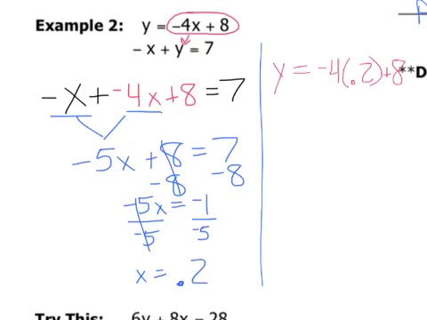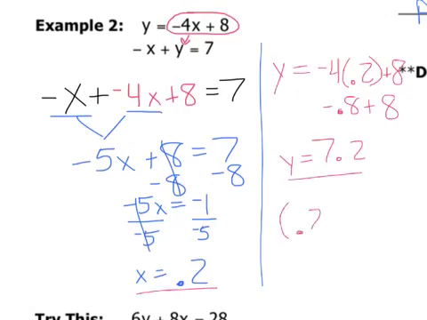Negative 4 times 0.2 should give you negative 0.8, plus 8, my bad, would end up giving me 7.2 for my y value. So I have x equals 0.2 and y equals 7.2. So then my ordered pair is 0.2, comma 7.2.